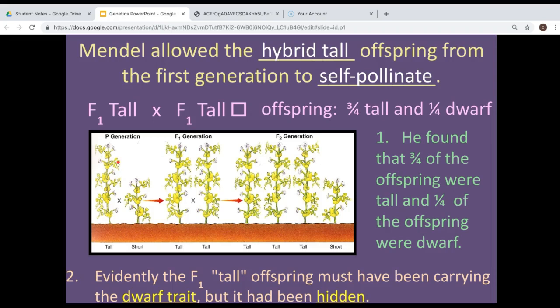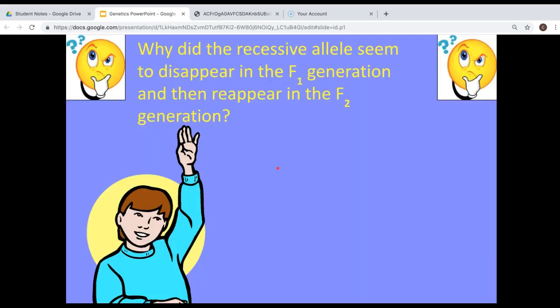So the dwarf trait had been passed down to the offspring, and it reappeared in the F2 generation, the second generation. Technically, this is generation 1, 2, and 3. We call them parent generation, first generation offspring, second generation offspring. So, question: why did the recessive allele seem to disappear in the F1 generation and reappear in the F2 generation? We're on C.